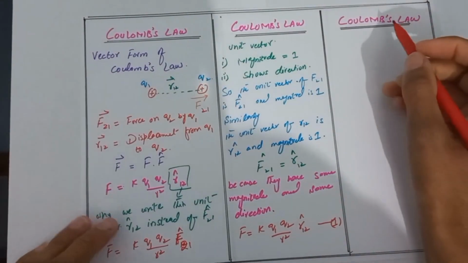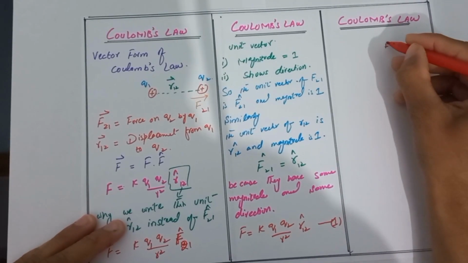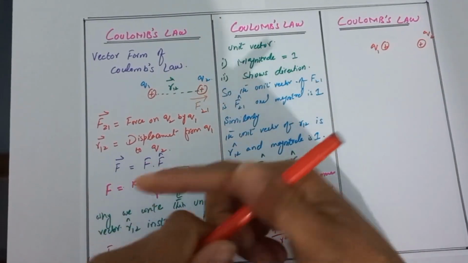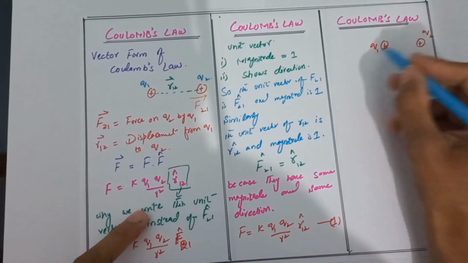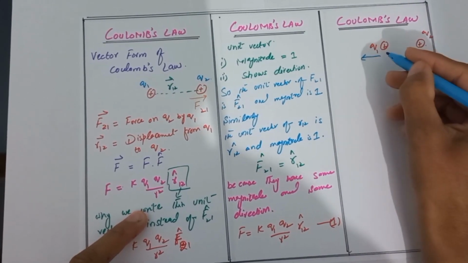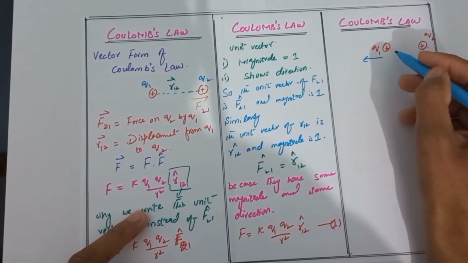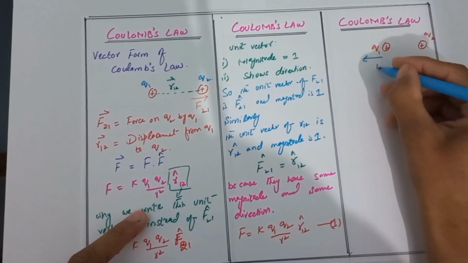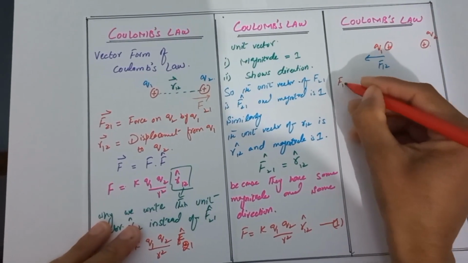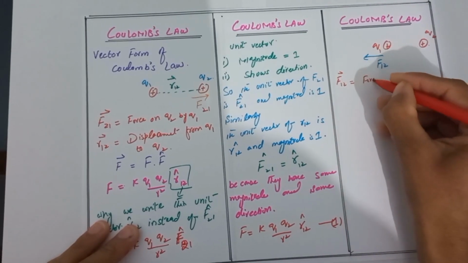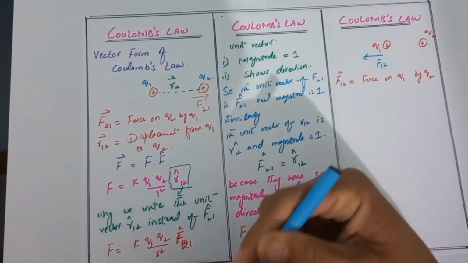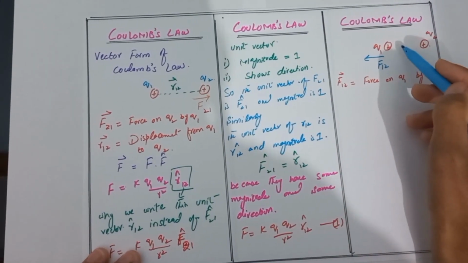Now we discuss the second part of Coulomb's law. One charge has magnitude Q1, the second charge has magnitude Q2. Q2 will exert a force on Q1, as a result of which Q1 is displaced in this direction. We call the force on charge Q1 due to charge Q2 F12. So F12 is the force on Q1 by Q2. This charge is displaced away from Q2.